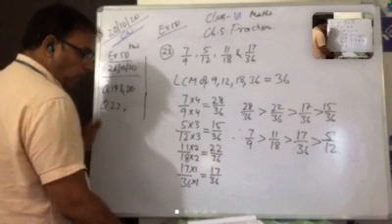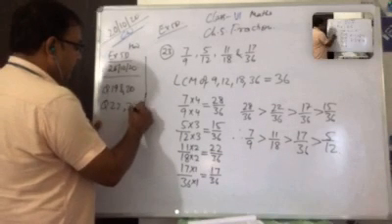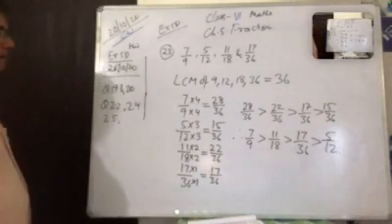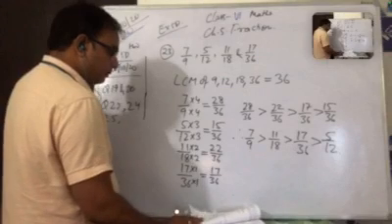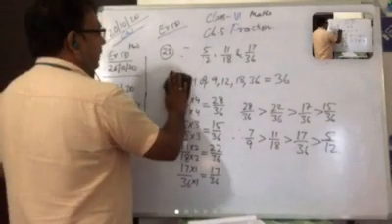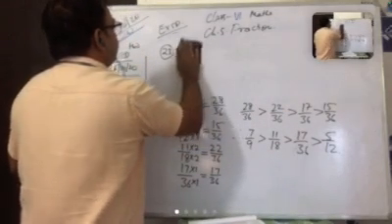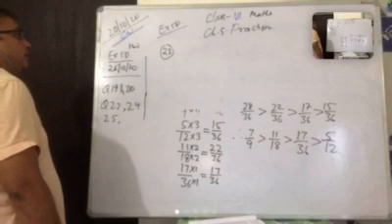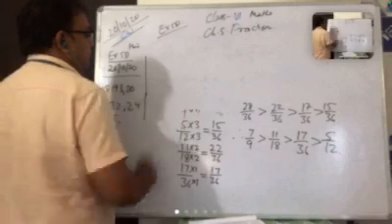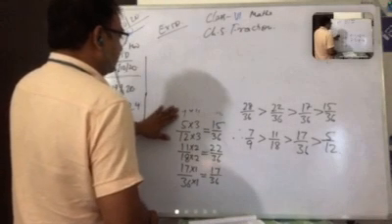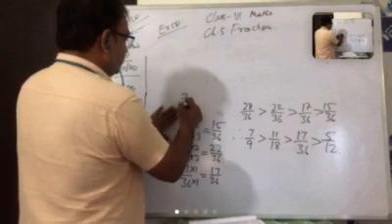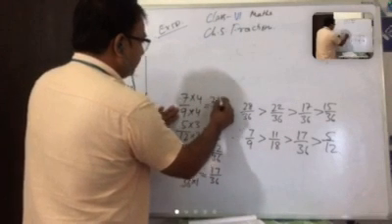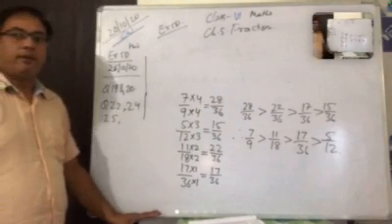So 24, 25. Can I rub this? Okay. Write down fast.